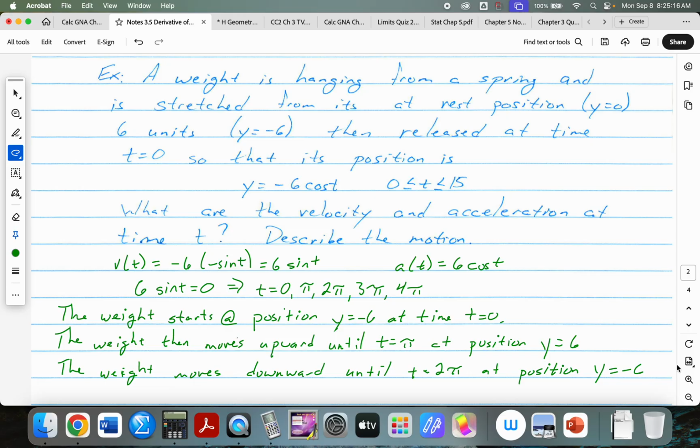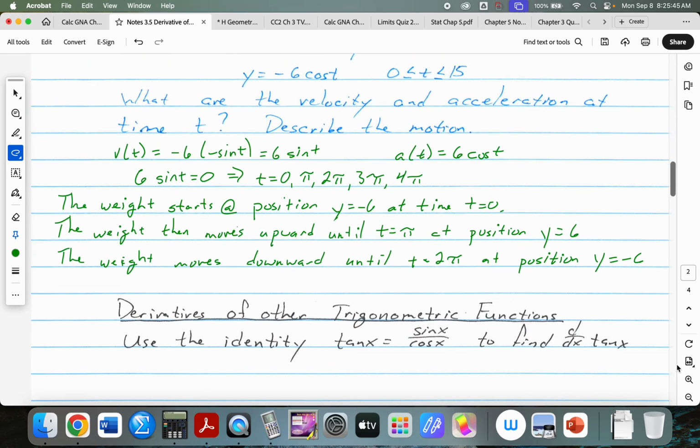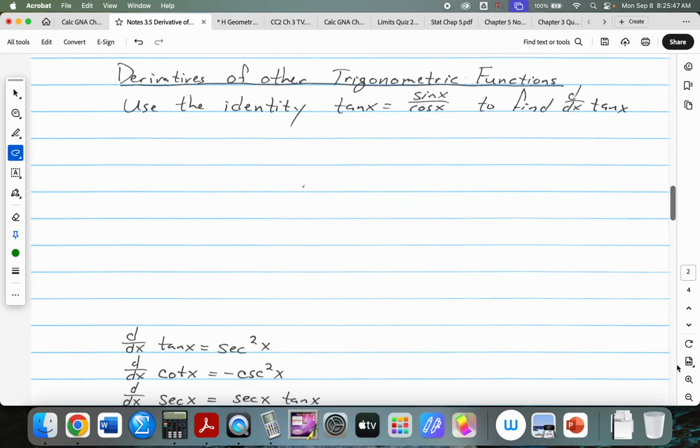And then it just keeps oscillating back and forth. This is your classic oscillating motion that doesn't get dampened, which is what actually happens over time. Depending on what kind of spring it is, over time it's pretty quick that the oscillation starts decreasing. All right. In the interest of time, we won't do any more of that.